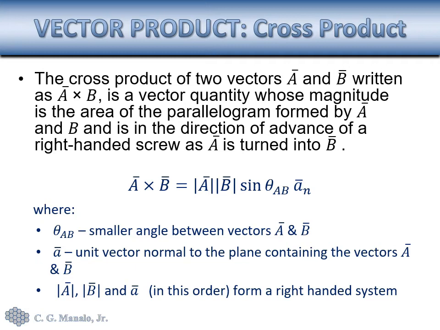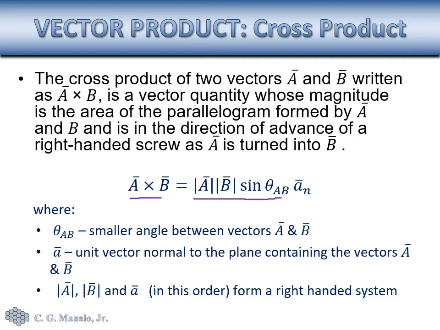So let's say we have two vector quantities A and B. When we say A cross B, that really means that we are trying to get another vector with a magnitude equal to the magnitude of vector A times the magnitude of vector B times the sine of the smaller angle between those two vectors.